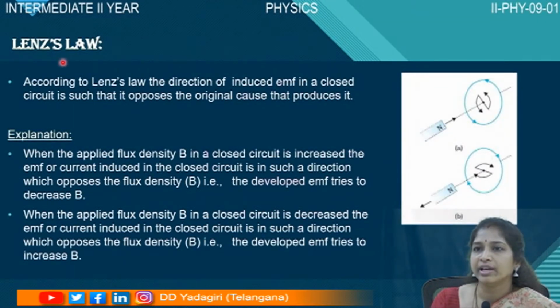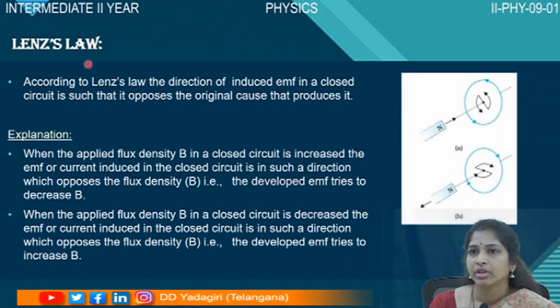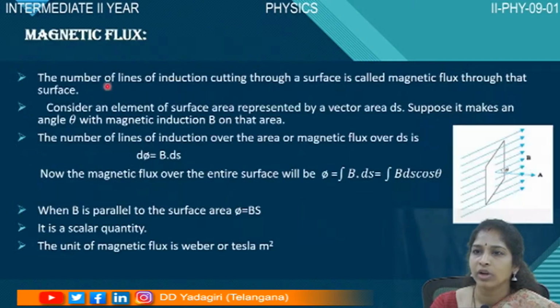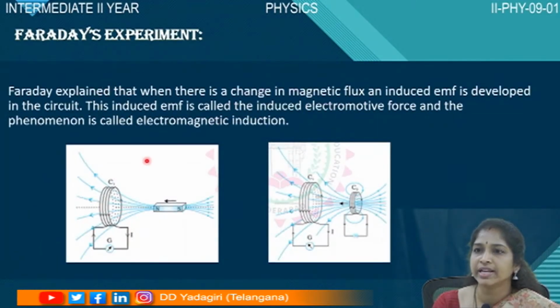And the next topic is Lenz law. In Faraday's experiment, which we have already discussed, you can observe this. There is a magnet with its north pole facing towards the coil, and it is brought towards this coil. What did he observe?